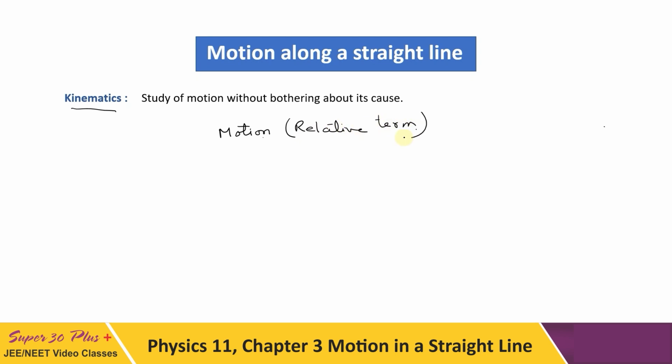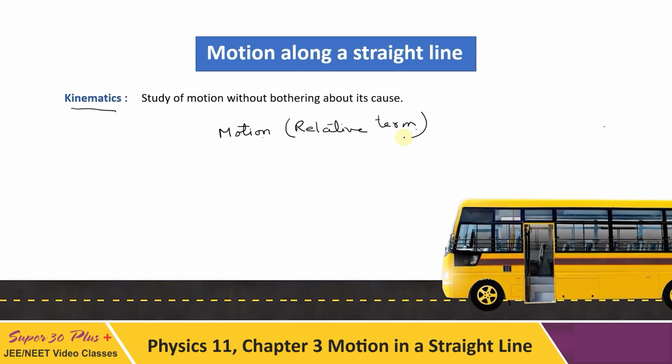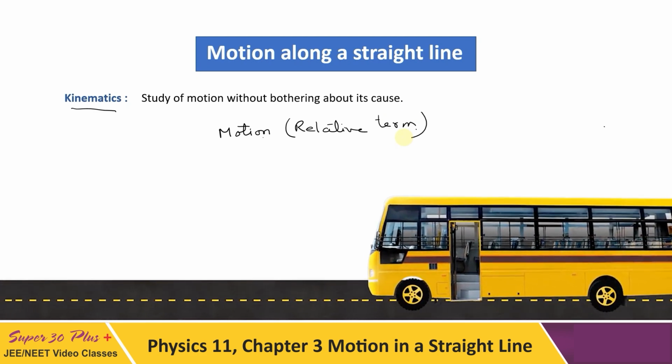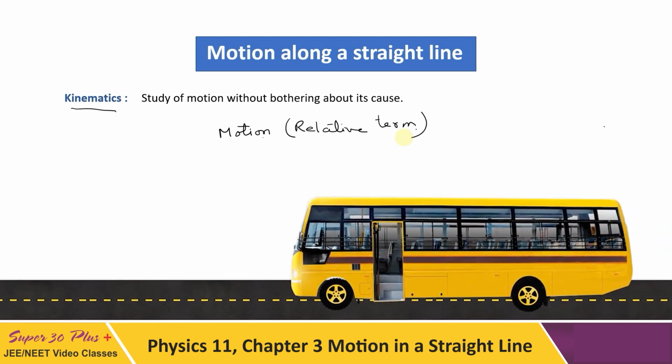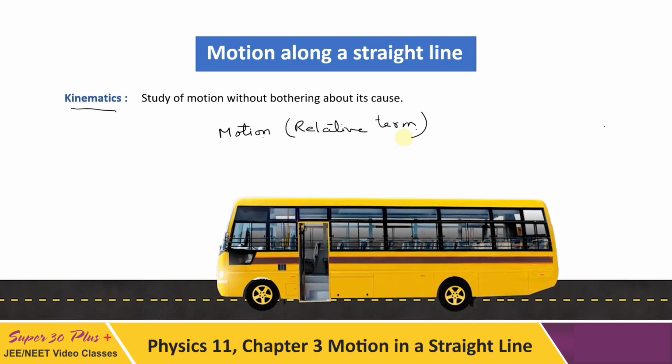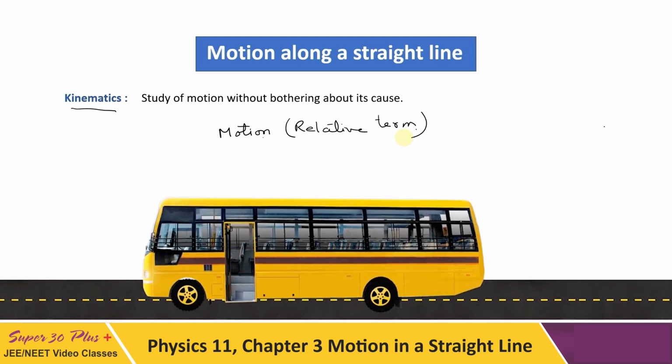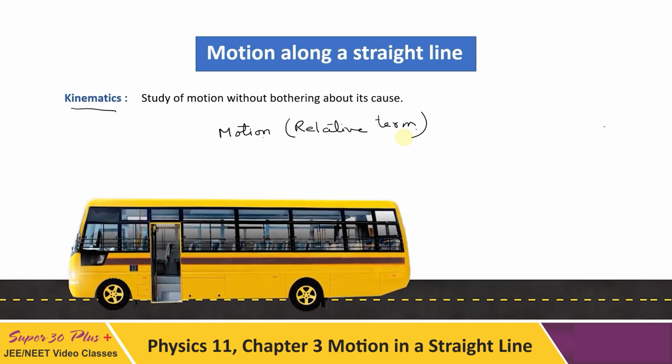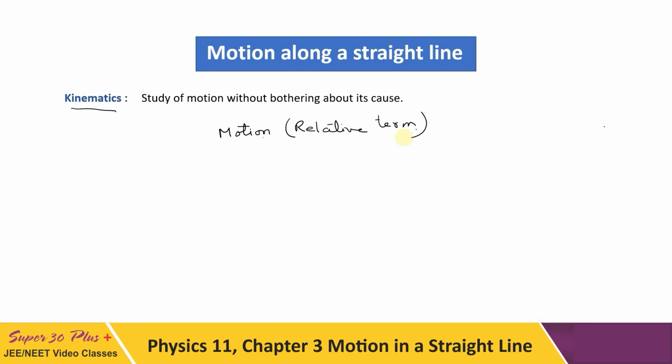When I say that yes, this bus is moving, I am the observer, I am the reference frame. Any frame which is attached to the observer is known as a reference frame. So motion cannot be studied without the help of a reference frame. Someone has to be there to analyze the motion, who can see that yes, position is changing with time.